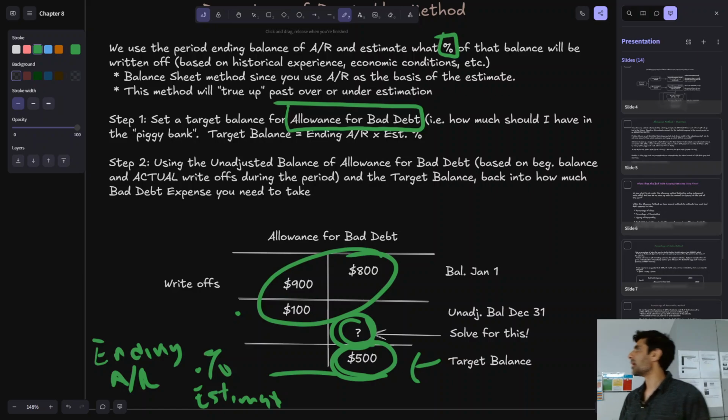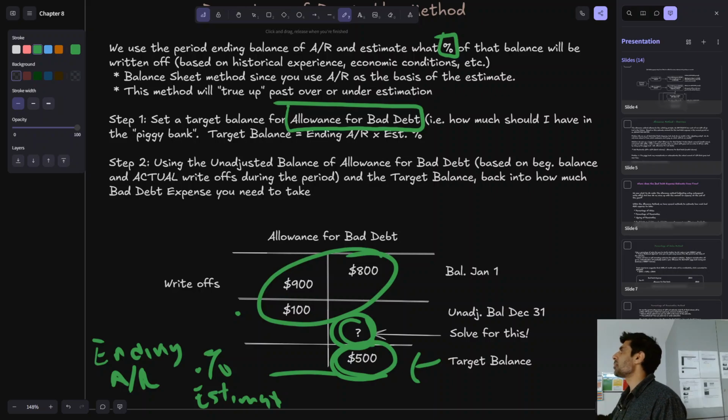We're starting with the target balance and backing into how much the adjustment should be. Is everyone following the difference between these two? Yeah? Okay. In my opinion, this is a better way because you really just care about how much should be in that piggy bank. That's a more common sense approach in my opinion.